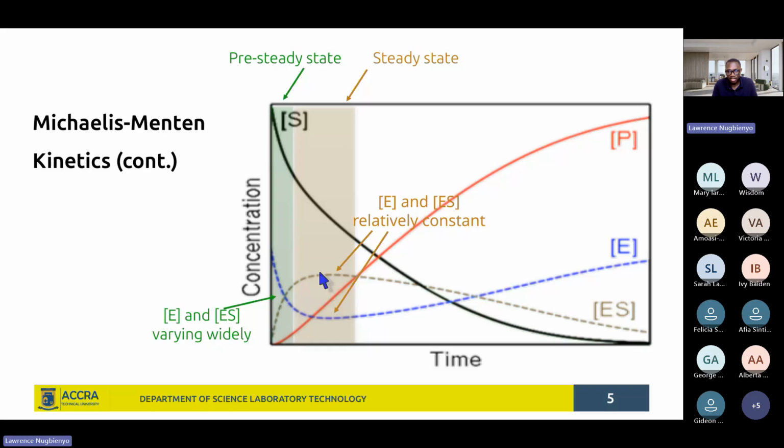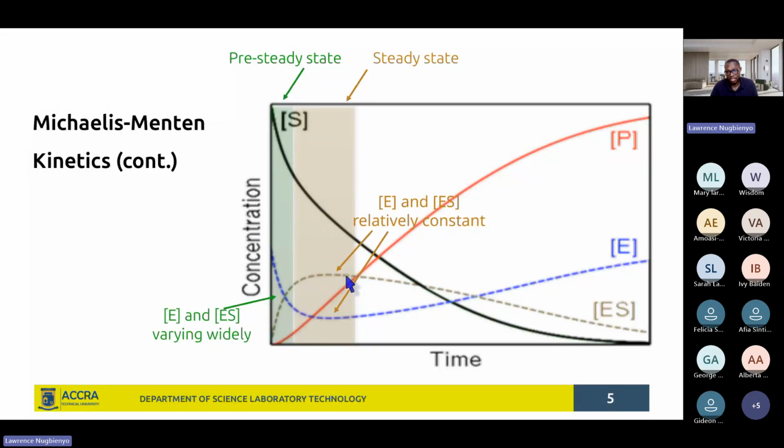It's not changing there. Of course, that is understood because you have a certain amount of enzymes inside the reaction mixture, and it is that amount that binds to the amount of substrates which is present.